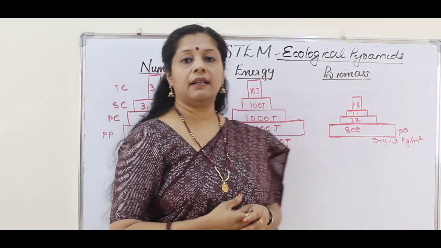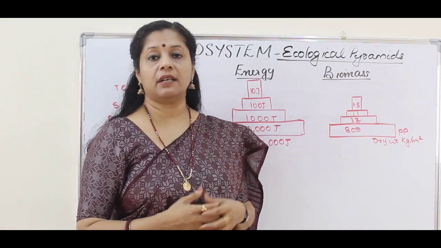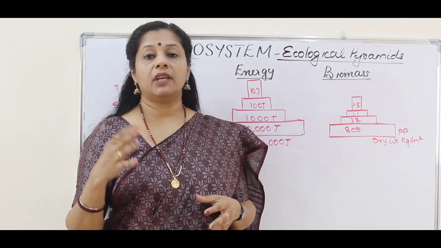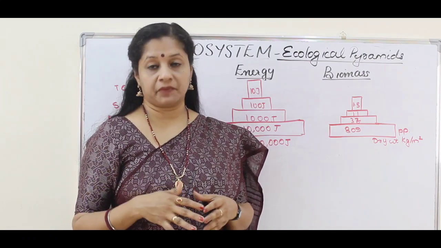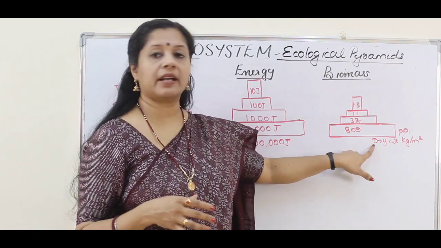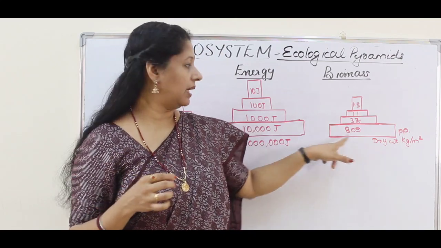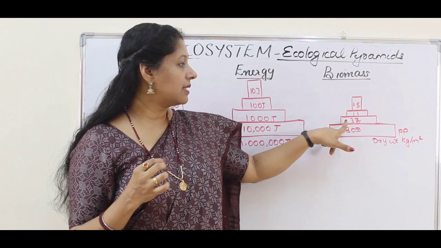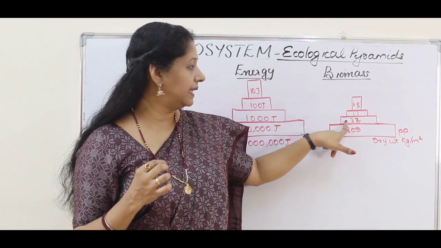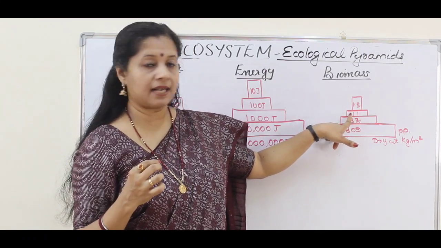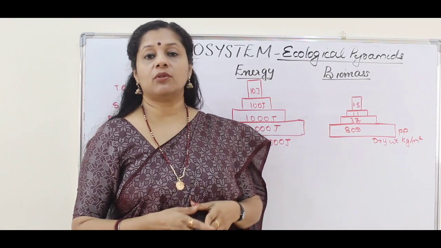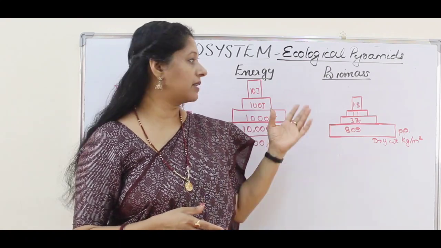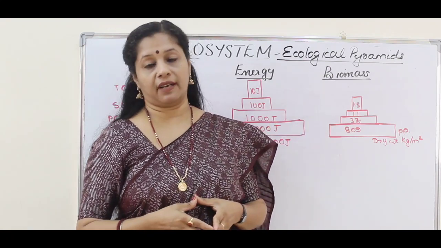Or if you look at the biomass, last class we learned how to determine biomass. We can either look at the dry weight or the fresh weight, but here we are taking dry weight per kilogram per meter square. Plants or primary producers have 809, whereas primary consumer has only 37, secondary consumer has 11, whereas the top carnivores or the quaternary consumer has only 1.5.